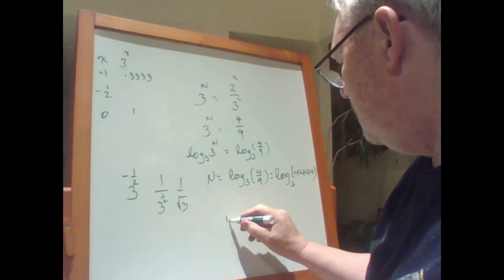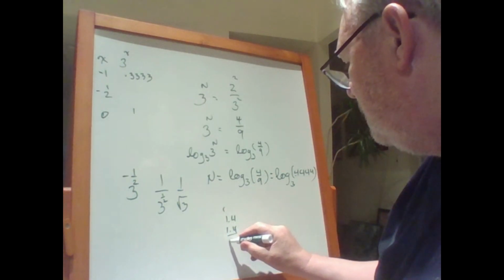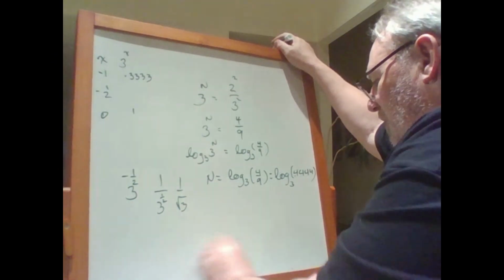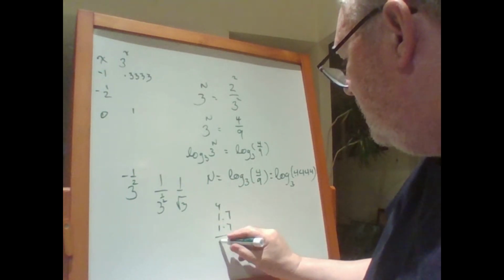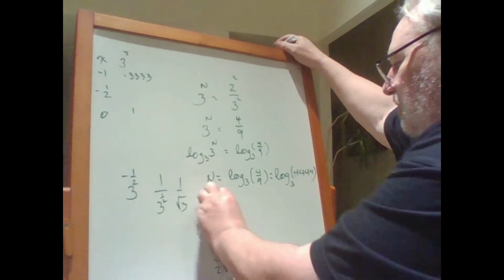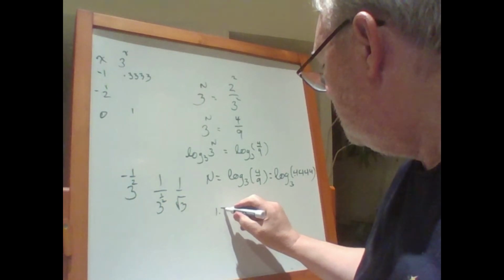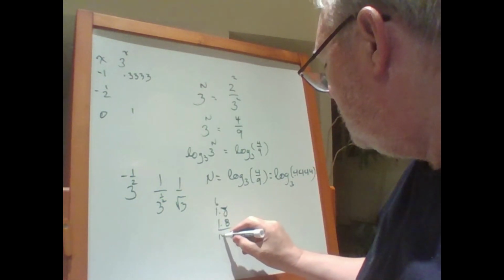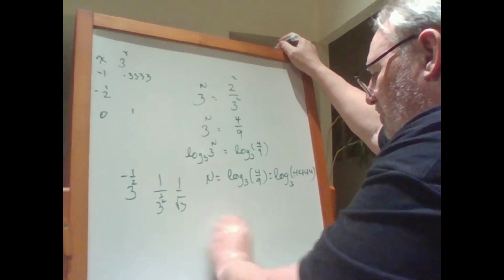The square root of 3: try 1.4, that's 1.96, no. 1.7, that's 2.89, so it's not 1.7. 1.8 gives 3.24, so that's too big.